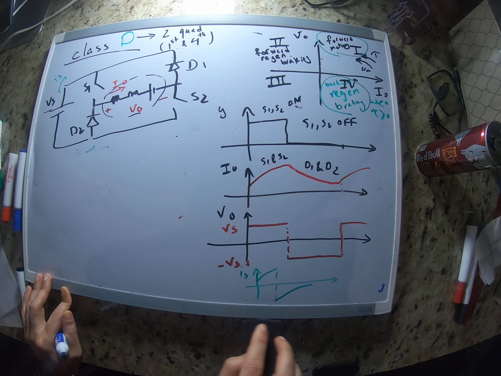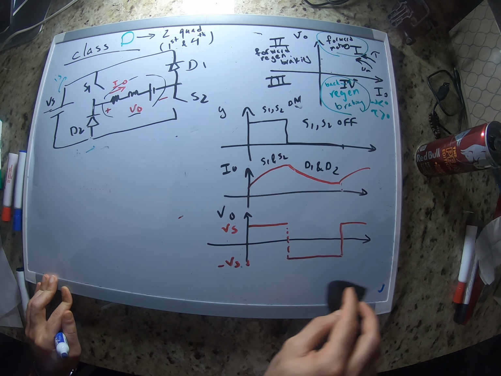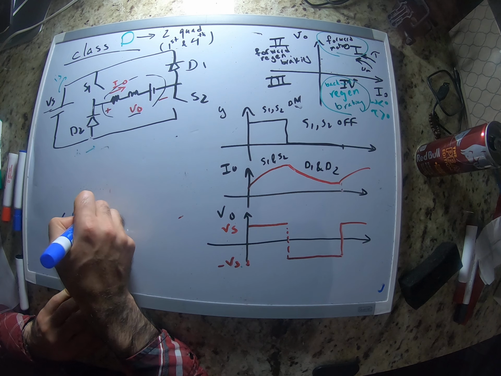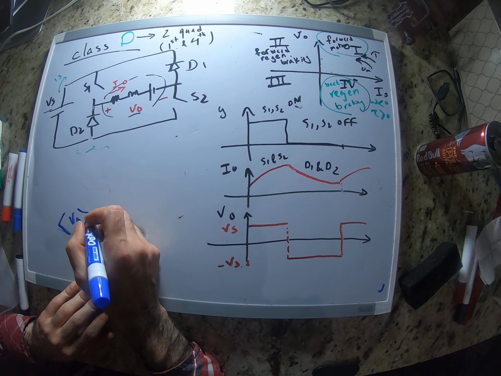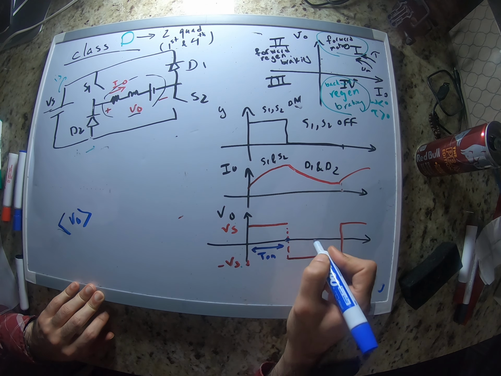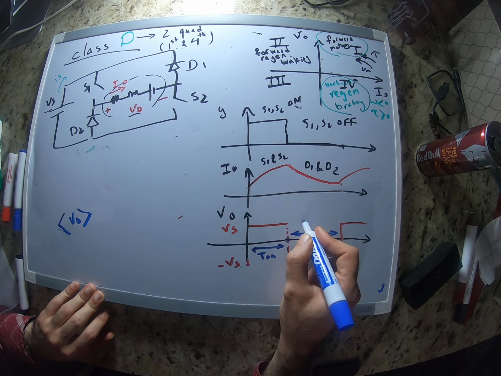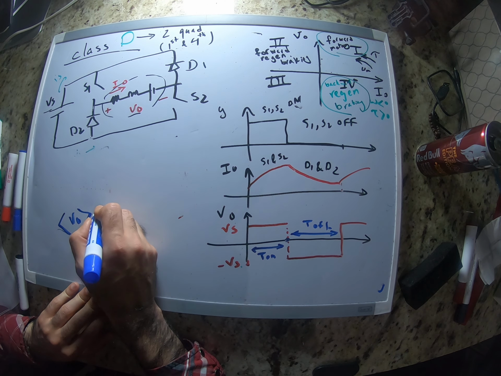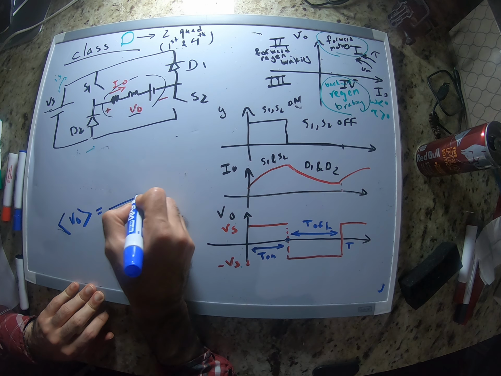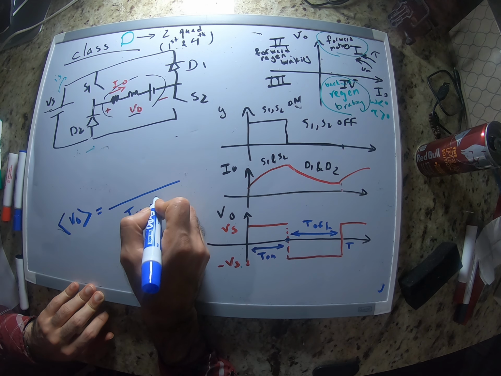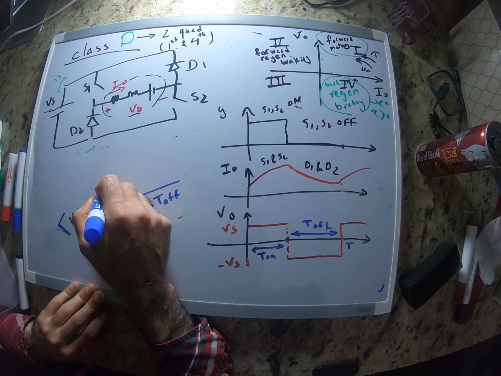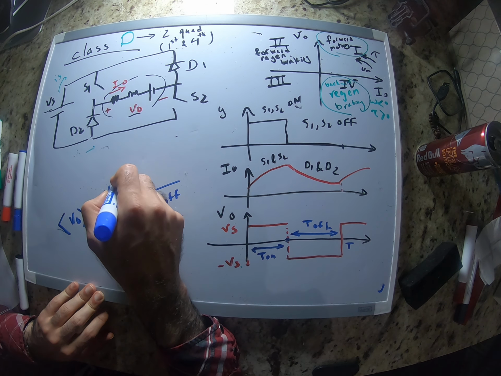Right, but before I talk about that, let's actually see what the average voltage for class D chopper is, right? If I consider this one T on and this one T off, and this is T, the average voltage is going to be 1 over T, which is T on plus T off, times Vs times T on.